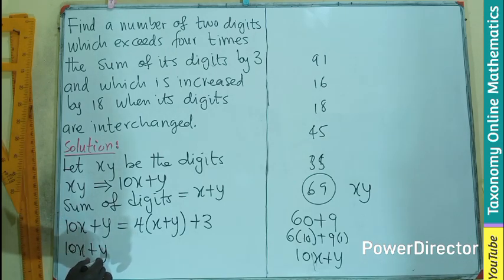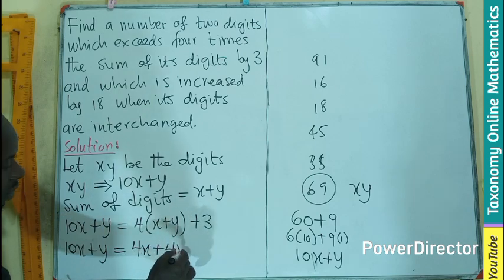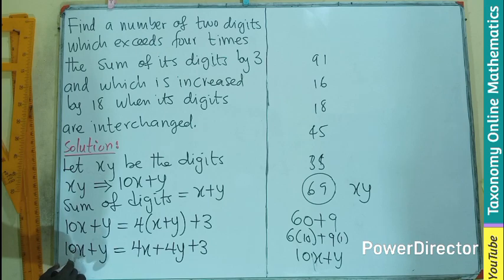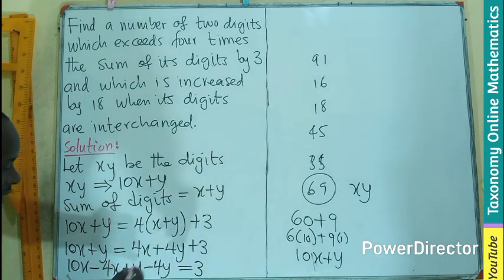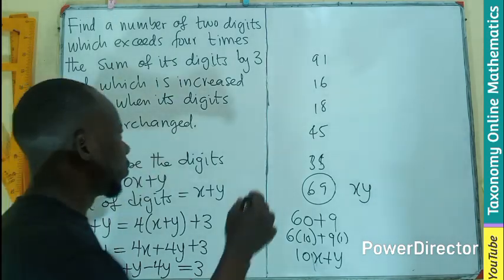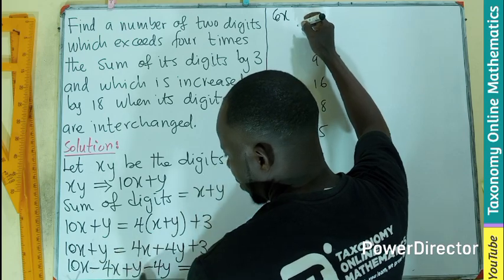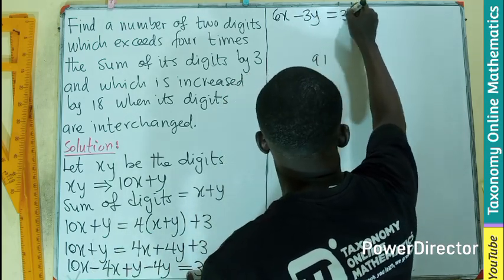10x plus y equals 4 times x, 4x, 4 times y, 4y, plus 3. We can group further: 10x, bringing the 4x here as negative, plus y, and negative 4y, leaving the 3 there. This gives 6x minus 3y equals 3.